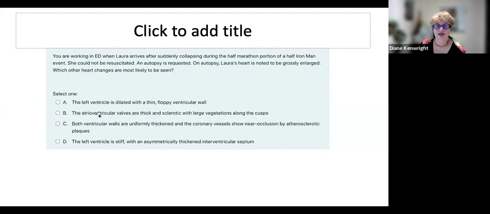Anyway, she didn't have evidence of a myocardial infarct, or a murmur as far as we know from aortic stenosis, which is caused by these vegetations. So she probably wasn't running the half marathon with coronary arteries that show near occlusion. Most likely, she had a stiff, asymmetrically thickened ventricular septum. All right, so a bit of clinical reasoning there.